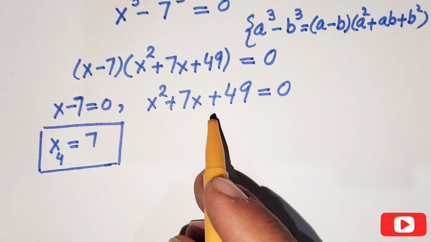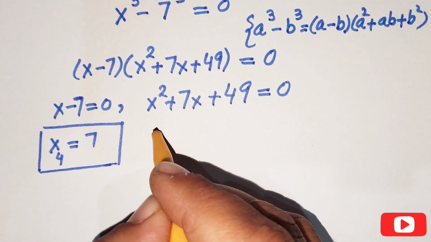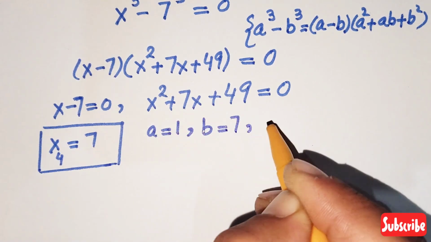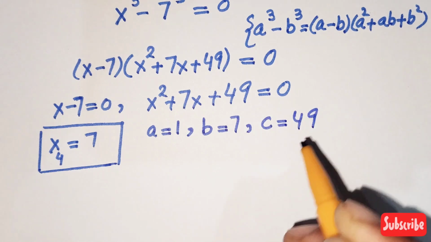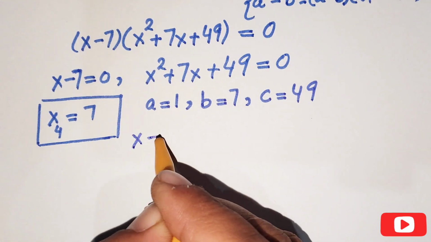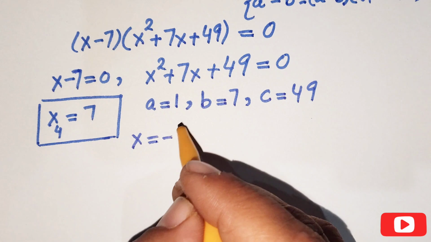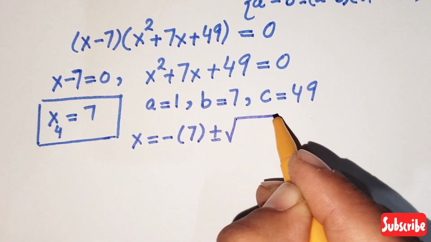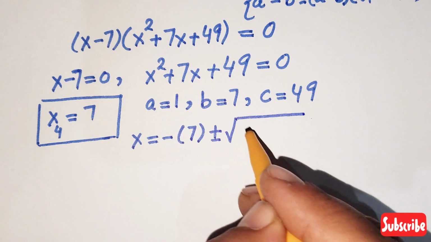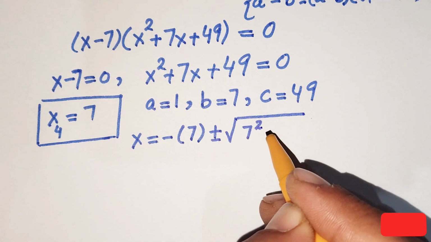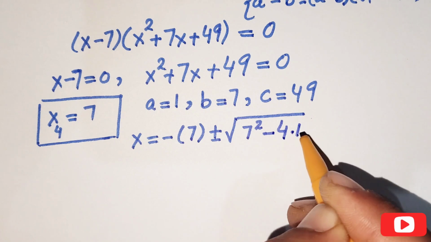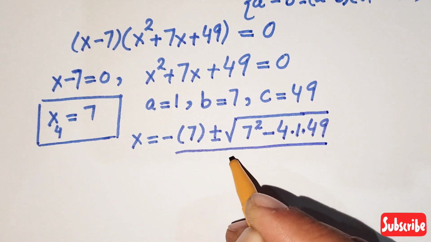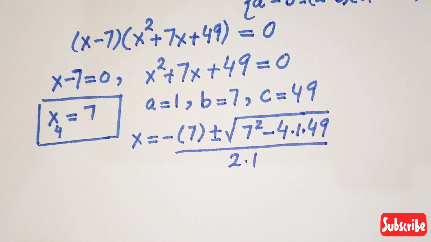It is a quadratic equation, so using the quadratic formula, first of all taking a as 1, b as plus 7, and c as 49. Using the quadratic formula, we get x is equal to minus b plus minus square root of b square, which is 7 square, minus 4 times a is 1, c is 49, all over 2 times a, which is 2.